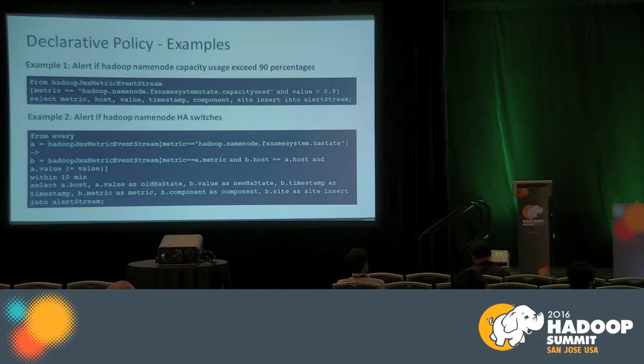Some more complex policies are also being put into the open source Apache Eagle, something like the missing blocks. For Hadoop admins, it is typical that if a server goes down, you will see some missing blocks, and the admin needs to try to bring these missing blocks back.